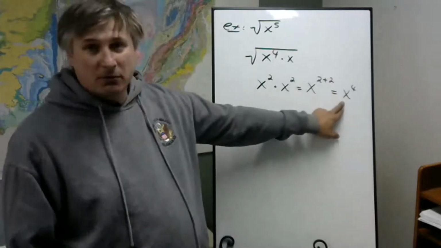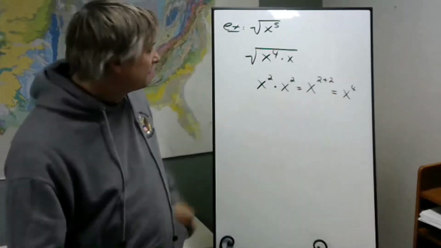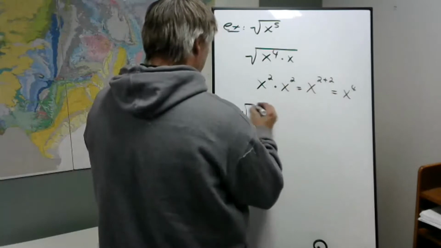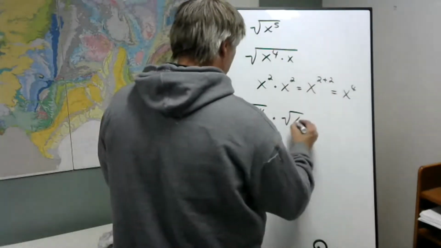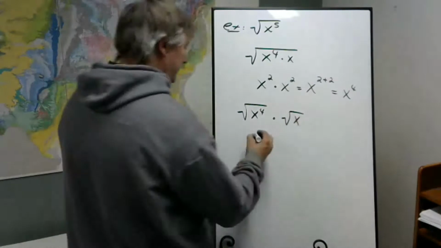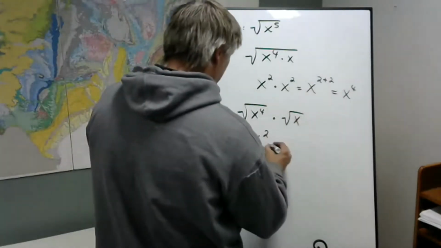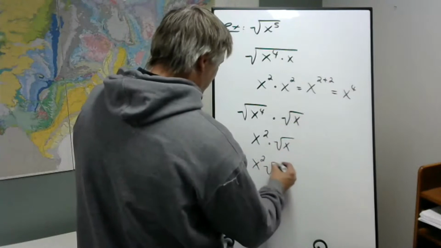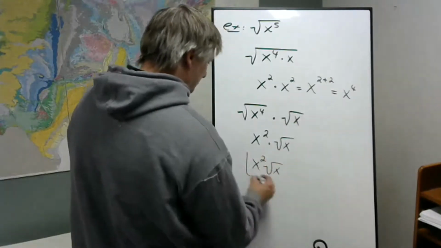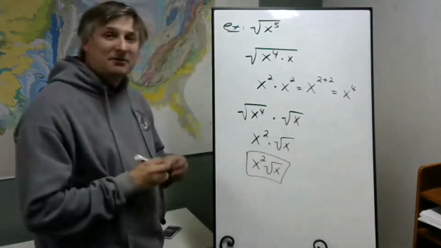So the square root of x to the 4th is x squared. So we'll get x squared times square root of x, with the radical coming last.